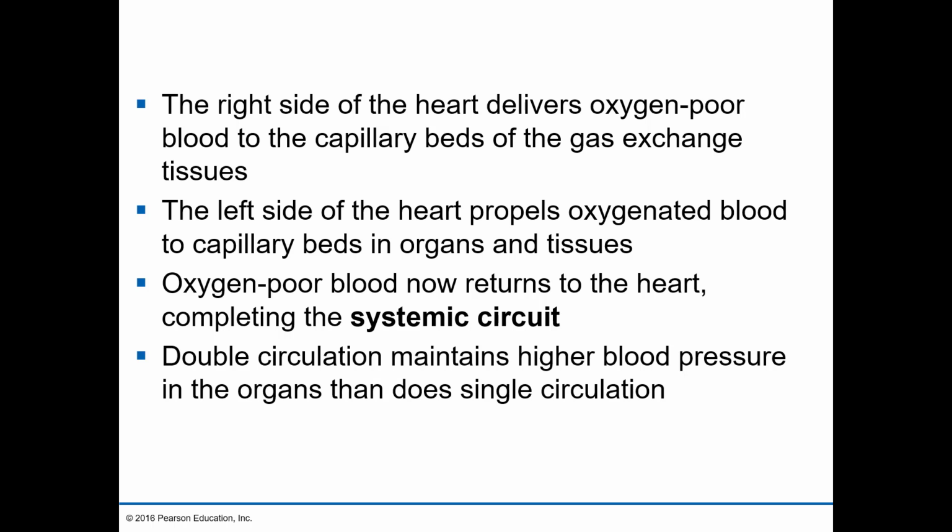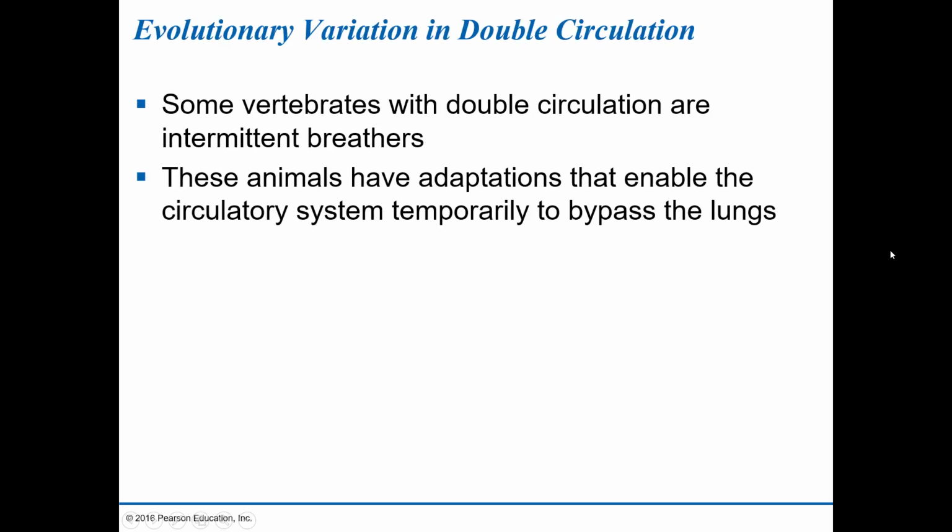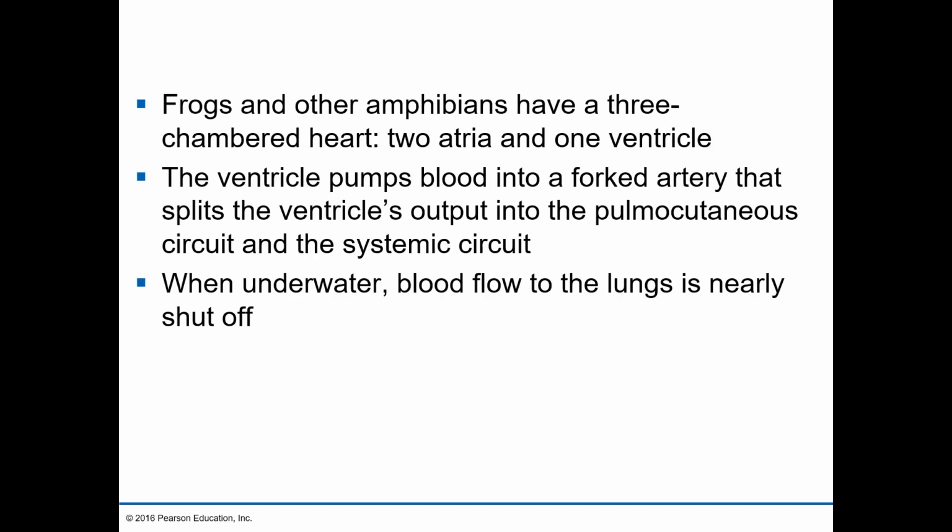So if you were to measure the blood pressure in an amphibian, it'd be much, much lower than it is in a mammal. Some vertebrates with double circulation are intermittent breathers, and they're adapted so that the circulatory system temporarily bypasses the lungs.